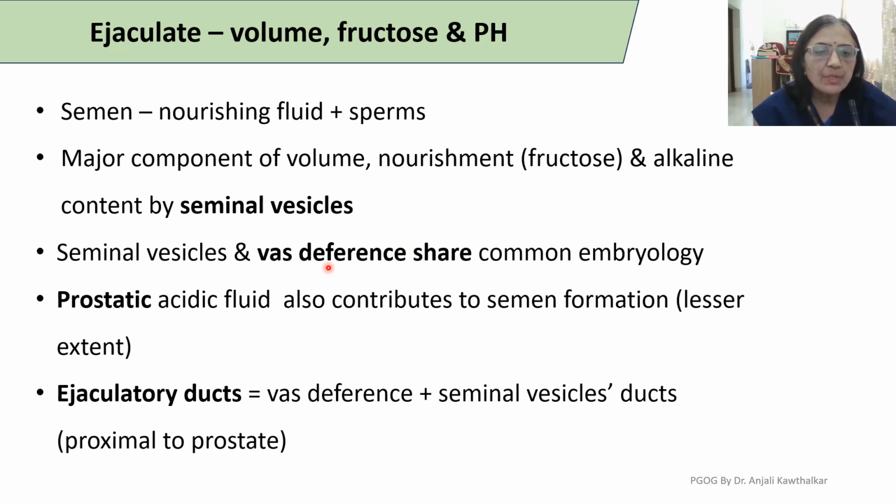So whenever there is congenital absence of vas deferens, seminal vesicles are either absent or hypoplastic. Prostatic acidic fluid also contributes to semen formation to a lesser extent. The ejaculatory duct is the joining of vas deferens with seminal vesicle ducts, which is proximal to the prostate. We have already seen this diagrammatically in the previous slide.